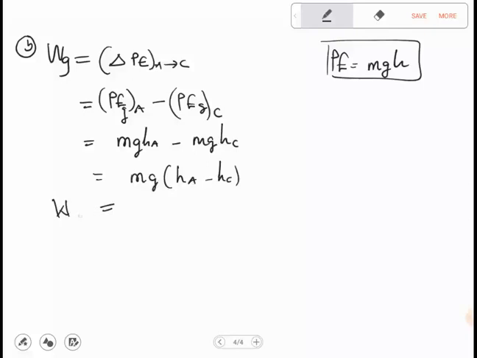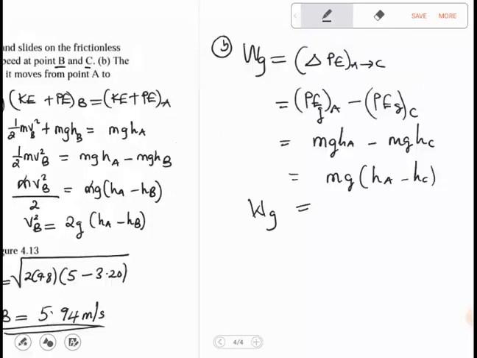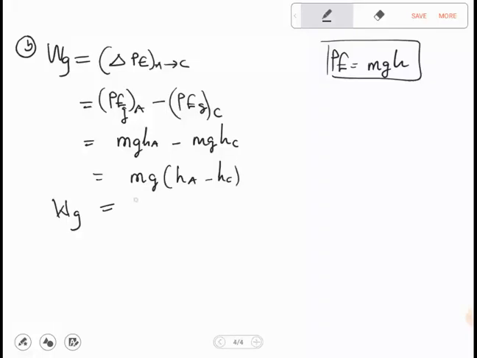The work done by gravity will be equal to the mass, which was given as 5, multiplied by 9.8, times the change in height, which is 5 minus 2, so just 3.